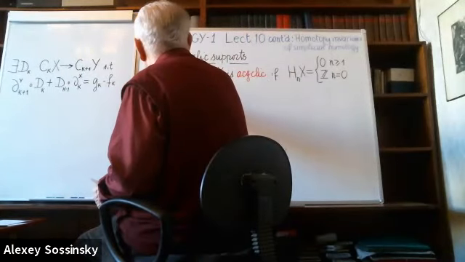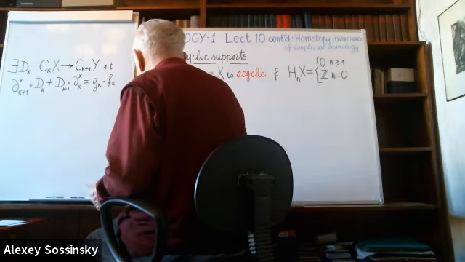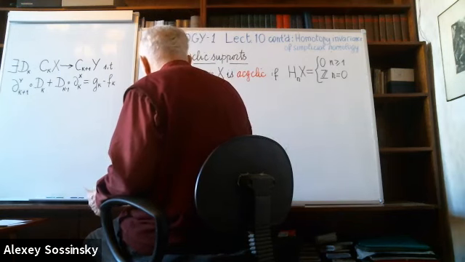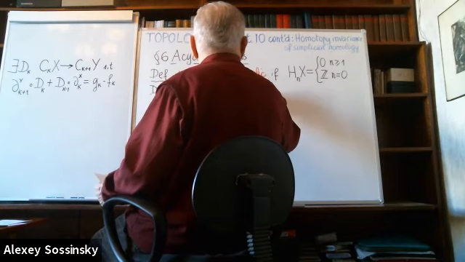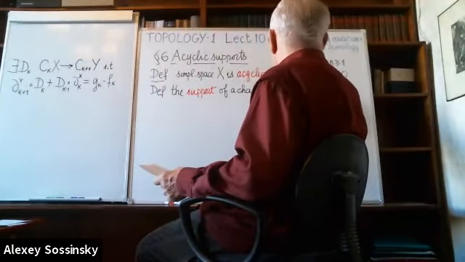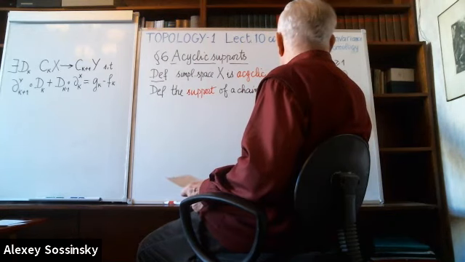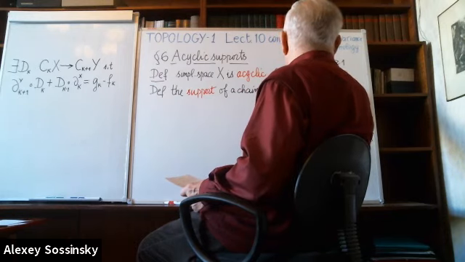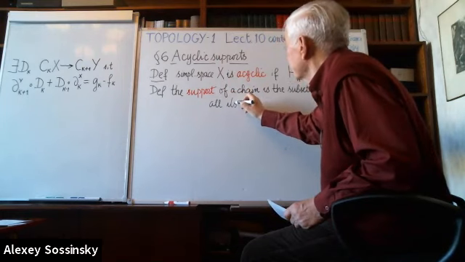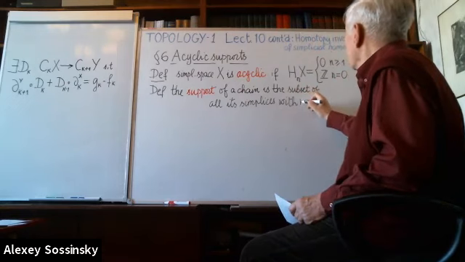The next definition is this. The support of a chain is the space, or the subset, of all its simplices with non-zero coefficients.